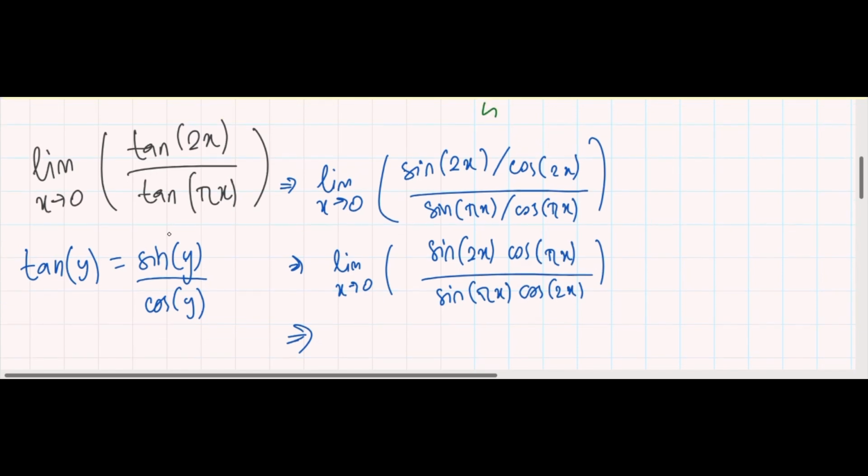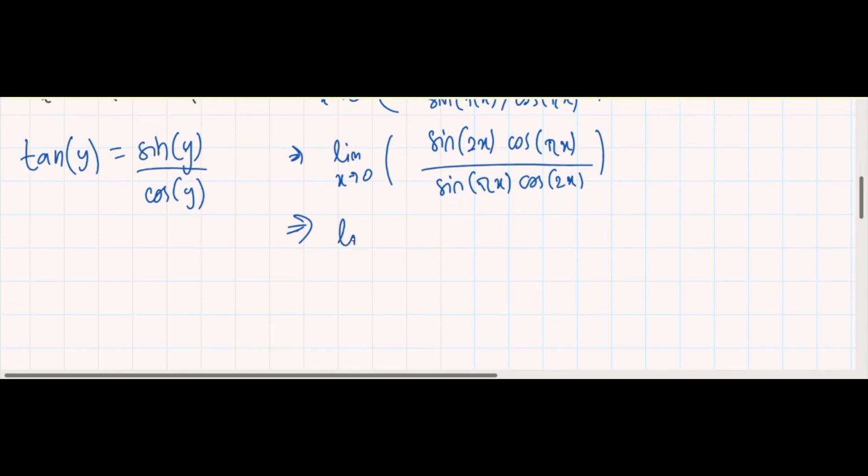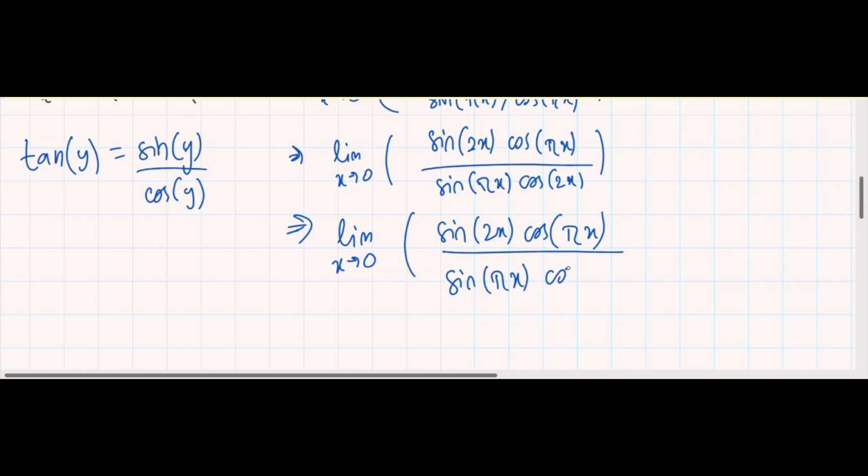So what you're going to do is rewrite the expression: sine 2x cos pi x, all upon sine pi x cos 2x.